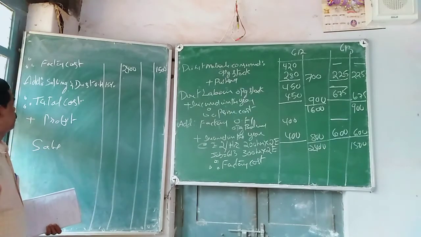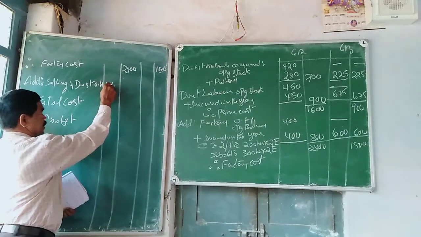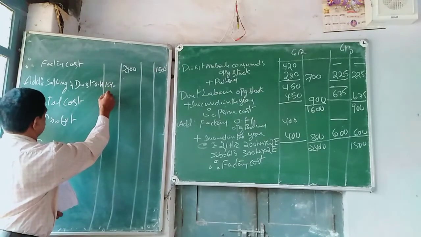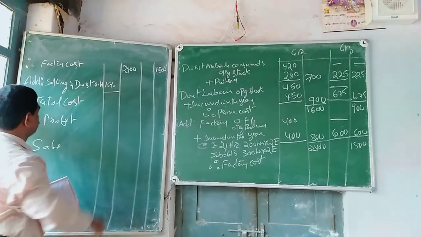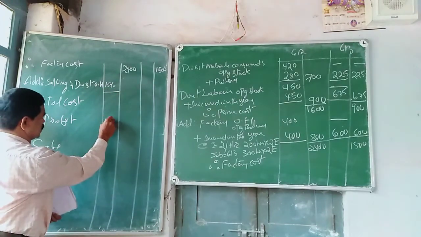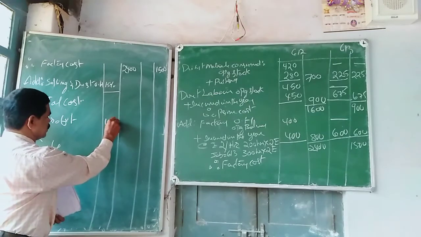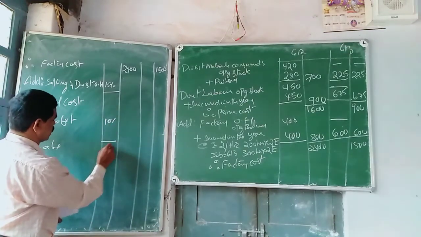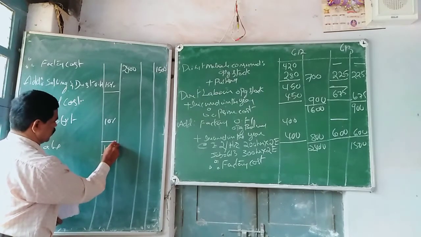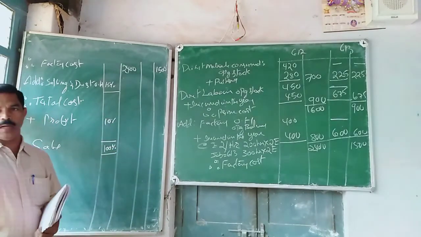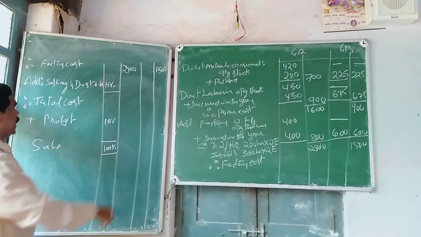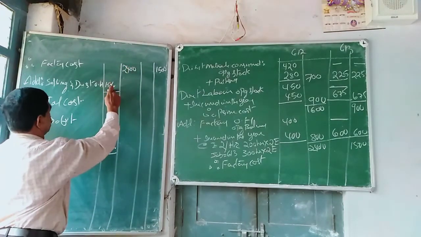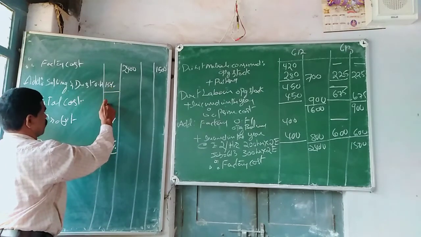It is given that selling and distribution is 15%. After adding 15%, you will get the total cost. Profit is 10%. After adding 10% to the total cost, we will get the sales. Sales will be 100%. Factory cost plus 15% is equal to total cost.